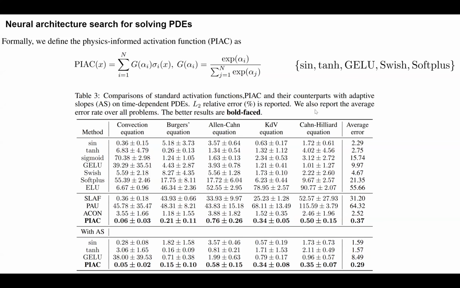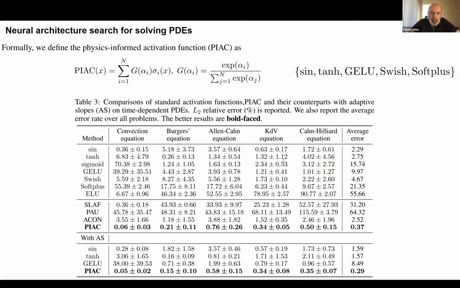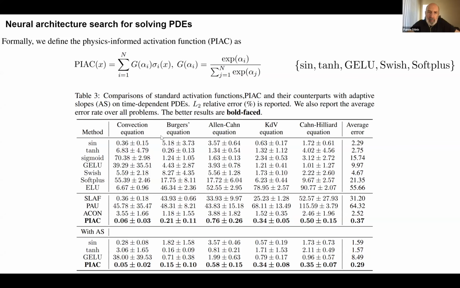Hi, Zongren, this is Panos again. Can you go back to the previous slide? Here, for the one that they say is the best, do they actually give the values of the capital G for the final architecture, just to see what kind of mixture gives the best results? I didn't check for that. But you say that they keep all of them according to certain weights given by capital G, right?